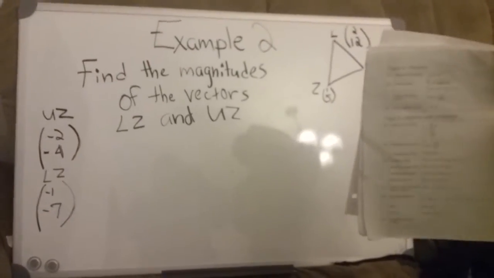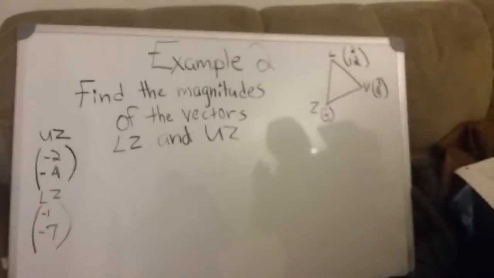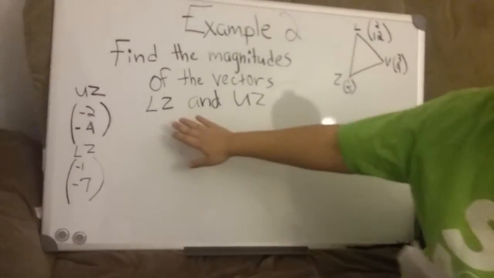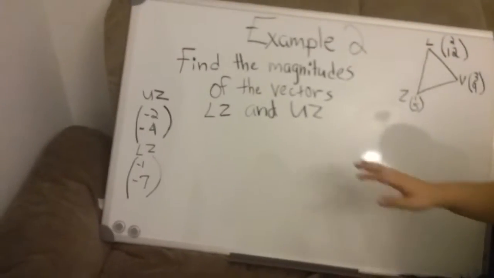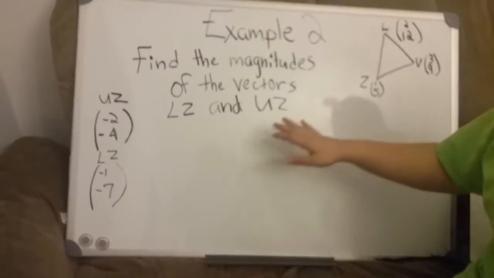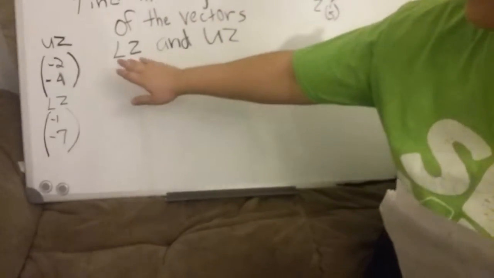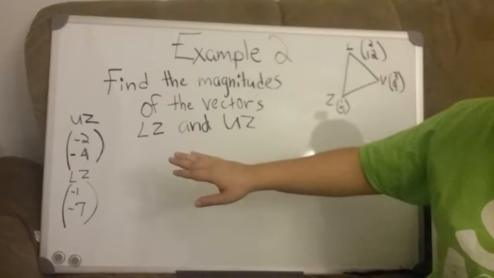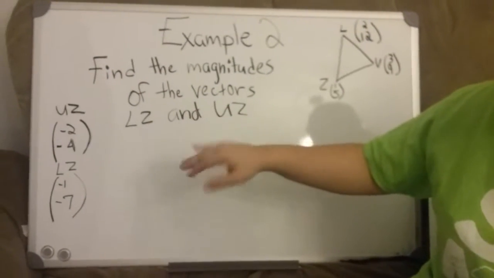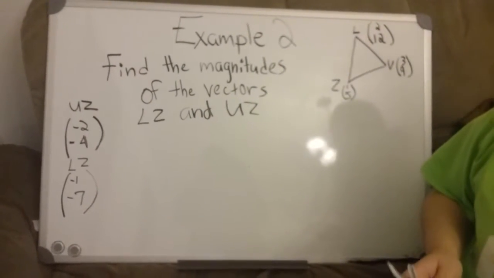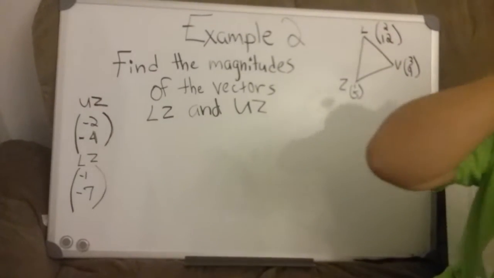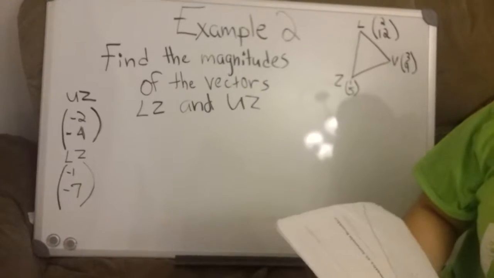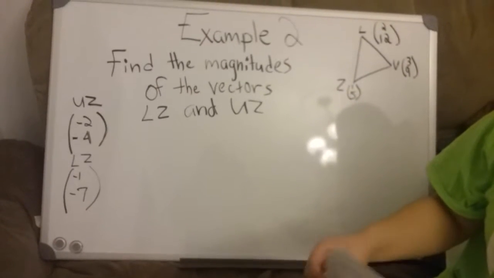Okay, so now we're going to keep going with example 2. For example 2, we're going to find the magnitudes of vectors LZ and UZ. In our previous example, we figured out that vector UZ in component form was (-2, -4) and vector LZ was (-1, -7). Now we want to find their magnitudes. The equation for finding the magnitude of a vector is in your IB formula booklet.